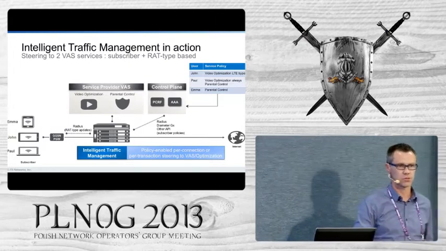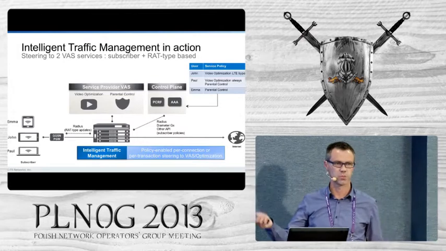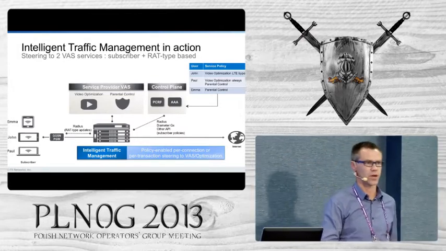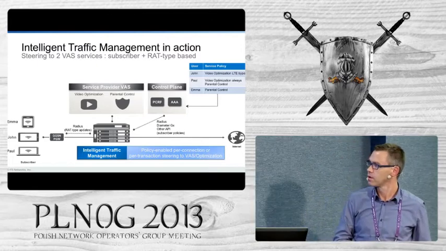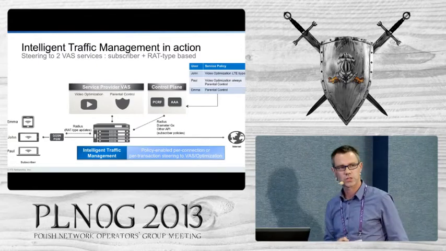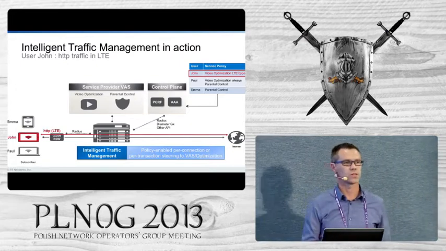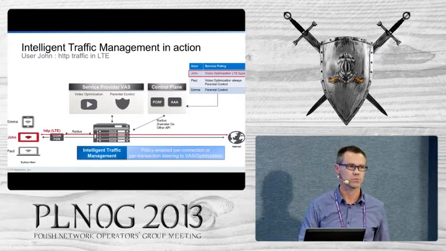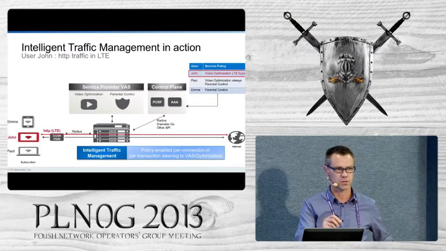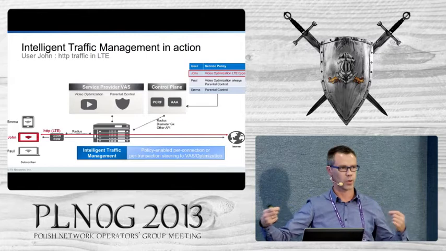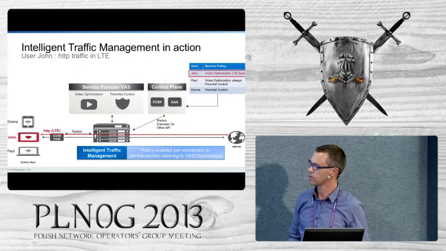We're just going to send this traffic straight to the internet, because his business policy specifies that for LTE, we bypass video optimization. That same HTTP request coming in over 3G is going to be optimized by the video optimizers, because then we take that steering decision. So we modify our steering logic based on all these control plane interactions that we get from the system.